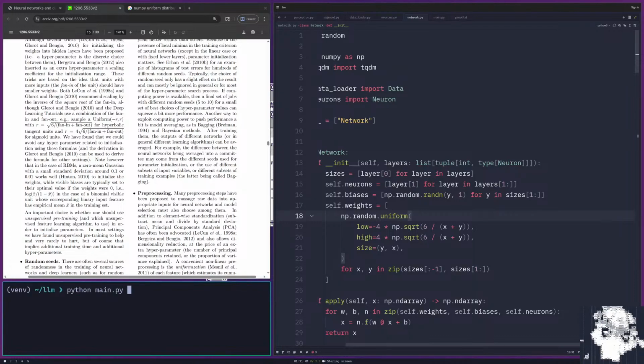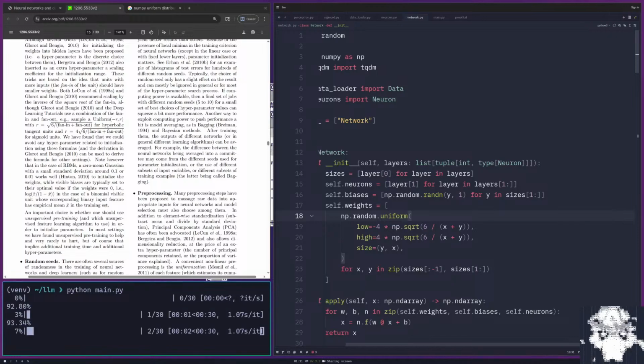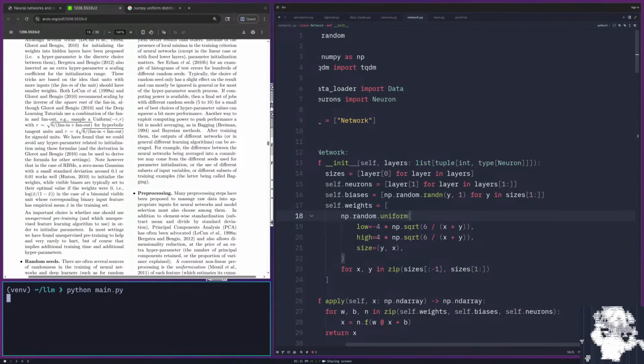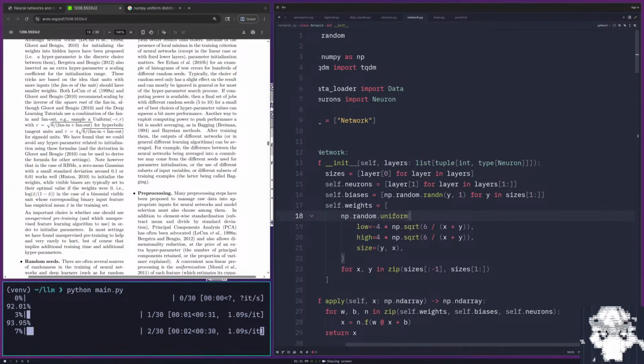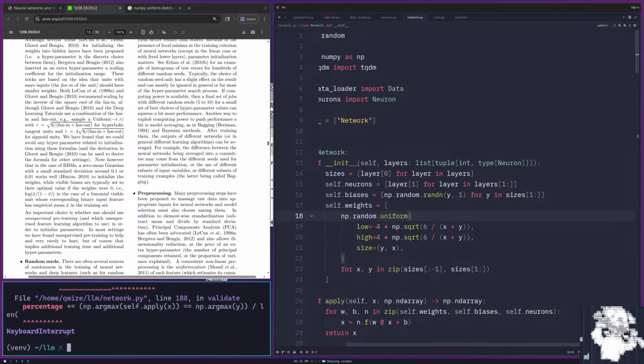So it didn't even improve it very much. It looks like that improves it a very small amount, not as much as the other thing we were already doing.